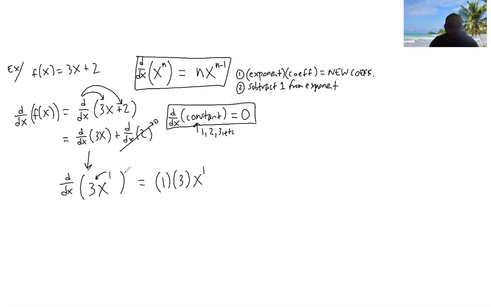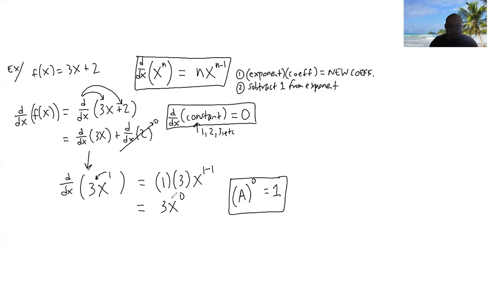So 1 minus 1, and you're going to solve this out. So this is going to be 3x to the 0. And remember, we said for this course, anything, I'm going to represent that by a, anything raised to the 0 power is always going to be equal to 1, okay?